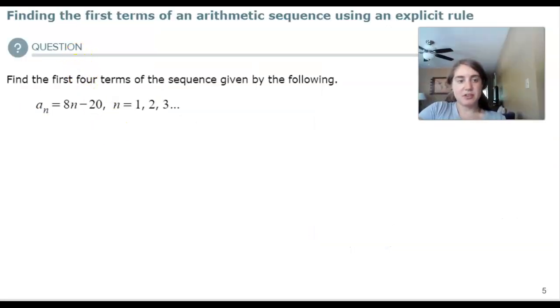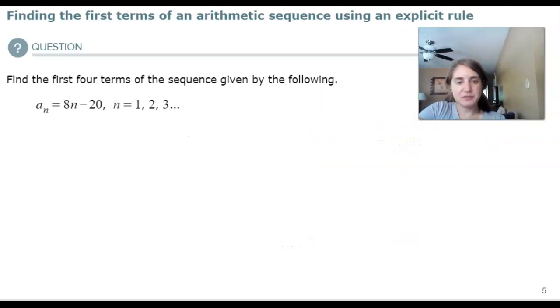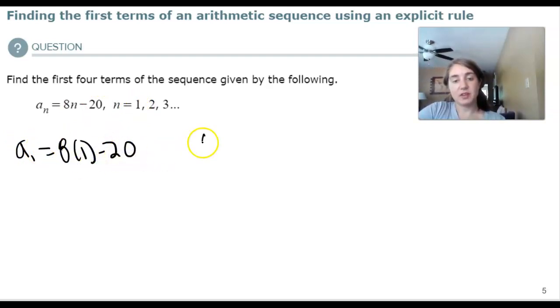As you guys saw on the slide before, we have formulas that can help us find the numbers. So we're going to start learning how to use those. Here's a formula that's going to represent the pattern and help us find the numbers. It wants the first 4 terms. This tells us our term number. So for A1, I'm going to put a 1 everywhere I see an N. That's going to be my first term.